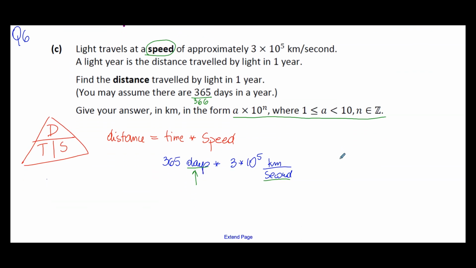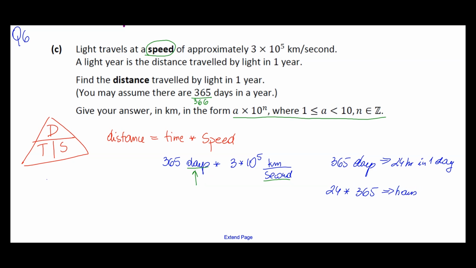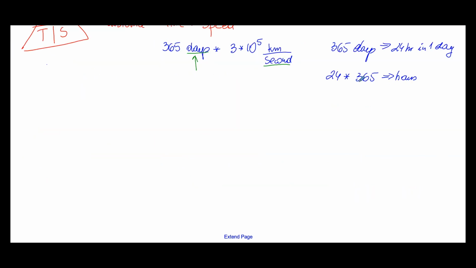So how do we do that? So we know that 365 days, that means what? 24 hours in 1 day. So that gives me in a whole year 24 multiplied by 365 will give me what? Number of hours, isn't it? Now, I need seconds, so let's go further. In 1 hour, we have 60 minutes.